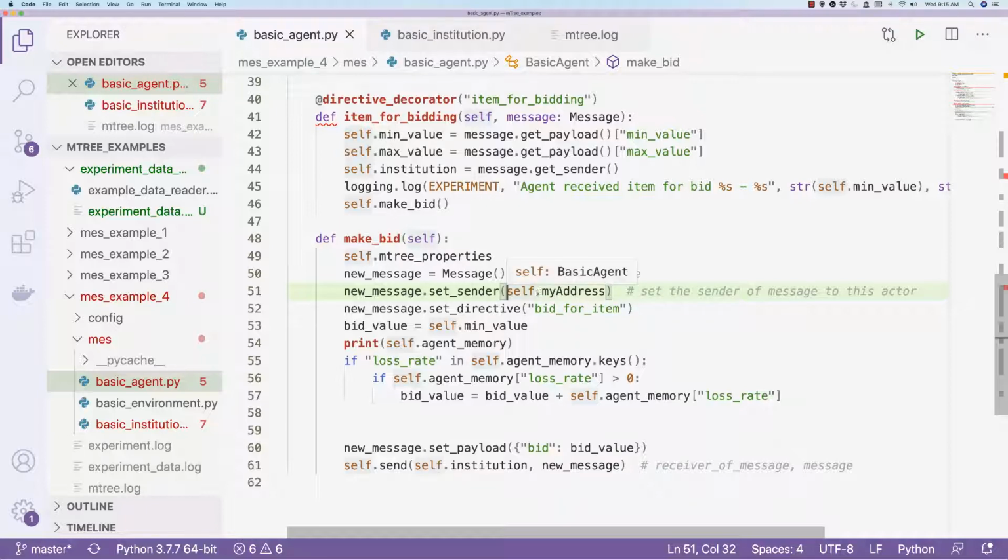The property myAddress on these actors is an actor address object, and those are picklable because those are a key component of the underlying actor system. So if you ever see issues, especially on a message, the first thing to check is if we set the sender, and did we set the sender with self or self.myAddress.